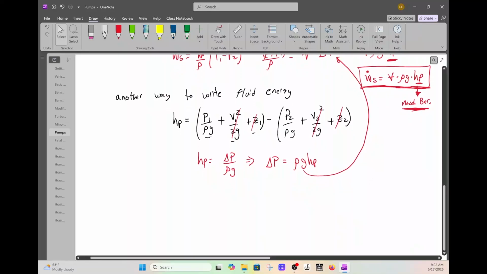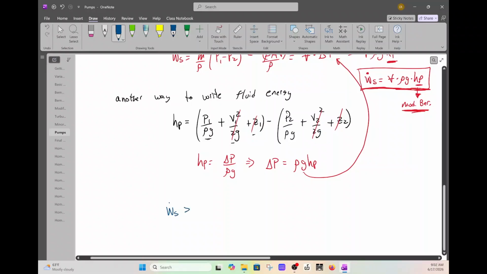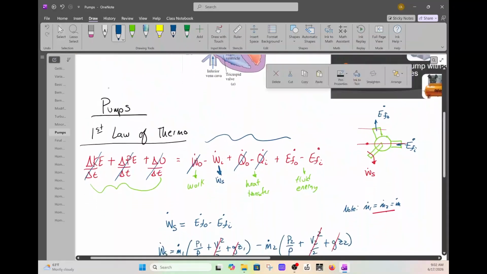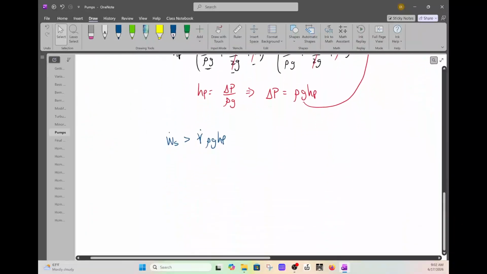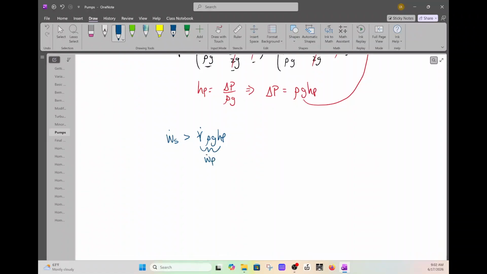Okay. Now we know that the shaft power has to be greater than this rho G HP. Okay. Basically, it's the energy in and out. Okay. That total energy has to be greater. Okay. And we're going to call this WP. Okay.